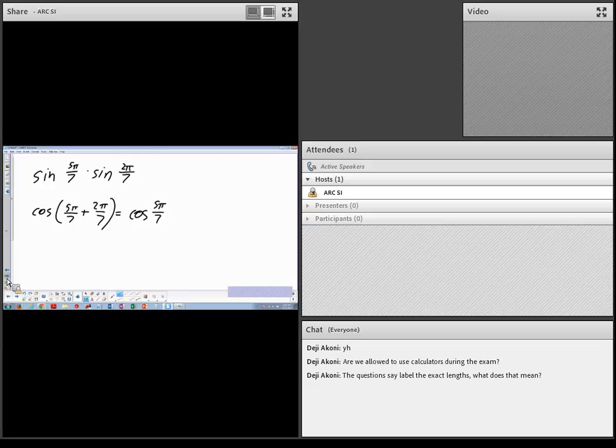But it equals cosine 5 pi over 7 times cosine 2 pi over 7 minus sine times sine. That's how I know how to do this one, which is really a long way to do it, because I think he gave you some formulas to memorize that can make this easier, but this is the only way I know how to do it.